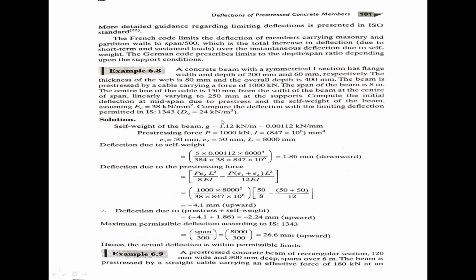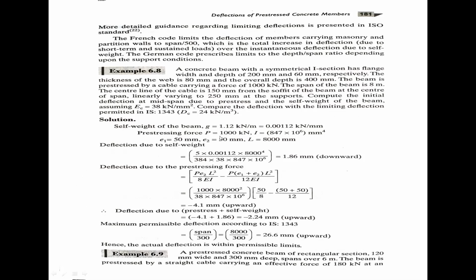Now see, the concrete beam with symmetrical I section is given. The flange width and depth are 200 mm and 60 mm respectively. The thickness of the web is 80 mm. Now I have to calculate the self weight first.